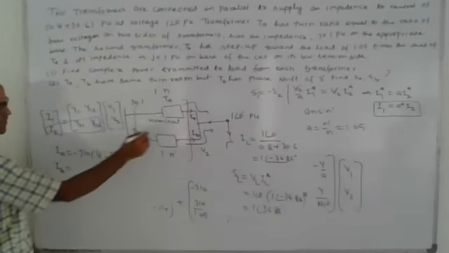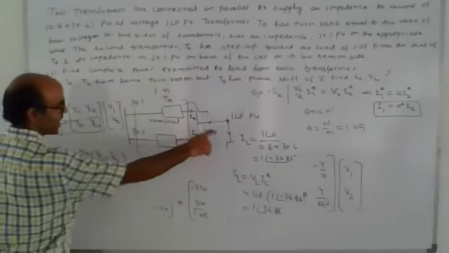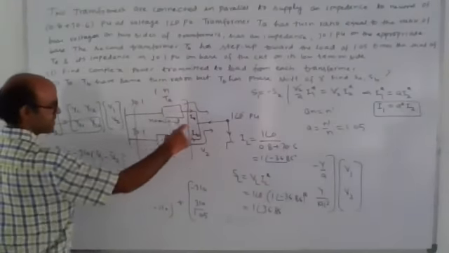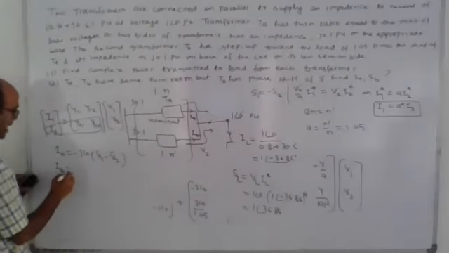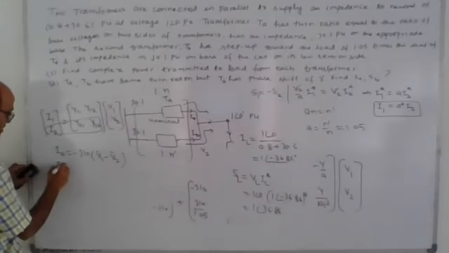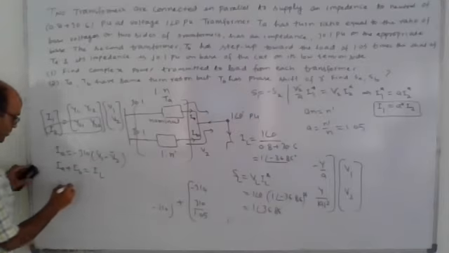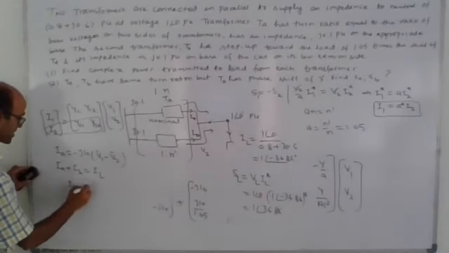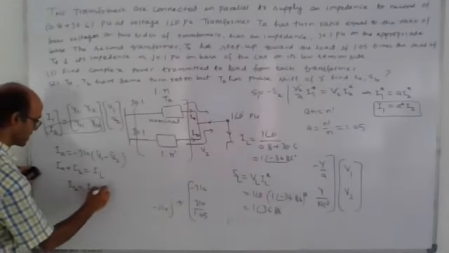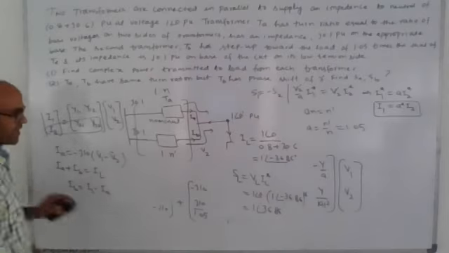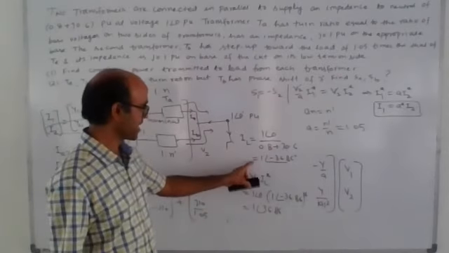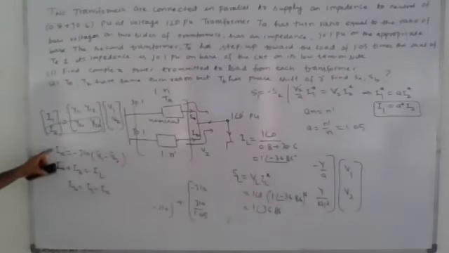How do I find IB? This is IA, IB is this. So IA plus IB equal to IN. From here you can find IB. I have found this is IN, and IA from here we can find.